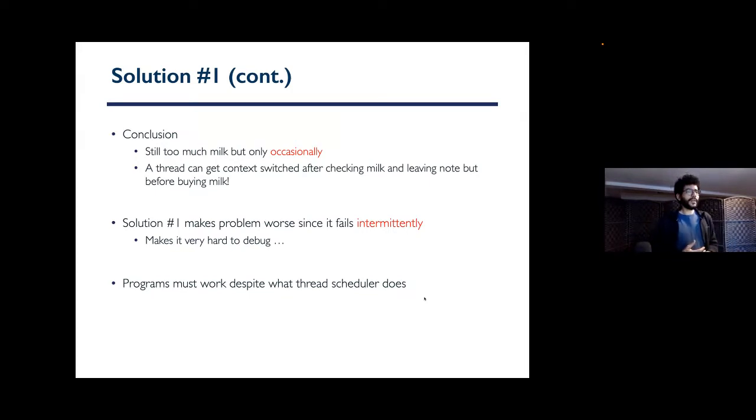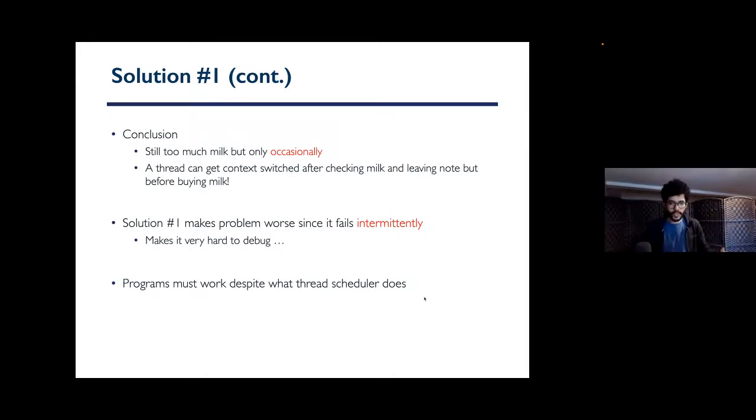Now, this is actually the worst kind of solution, because if you have a solution that sometimes works and sometimes doesn't, it makes your life super hard, because these are intermittent faults, and catching them is super hard. And I'm talking based on experience. You run your code 100 times, it works, and then one time it fails.